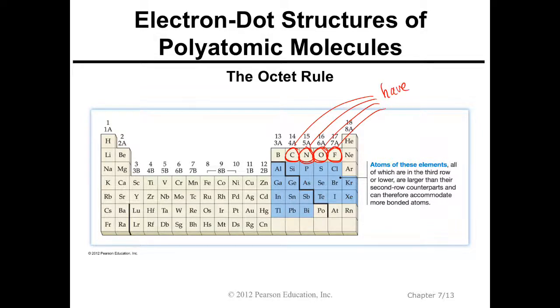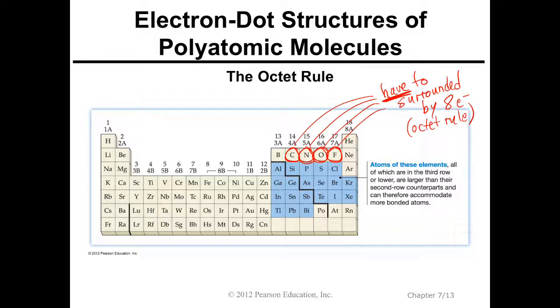In the Lewis structure, these 4 have to be surrounded by 8 electrons. This is the octet rule, and they absolutely must. They can't have less than an octet, and they can't have more than an octet.